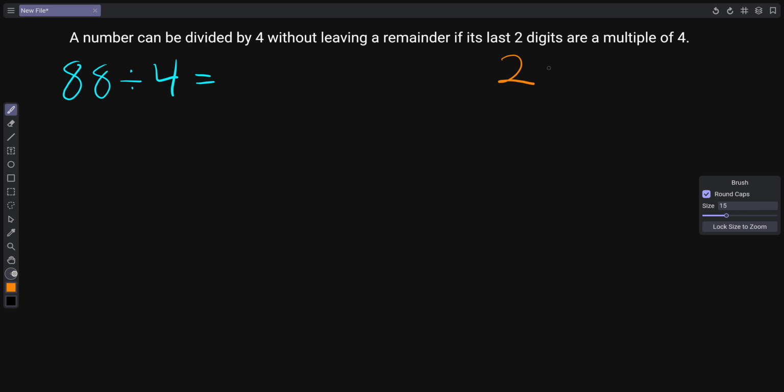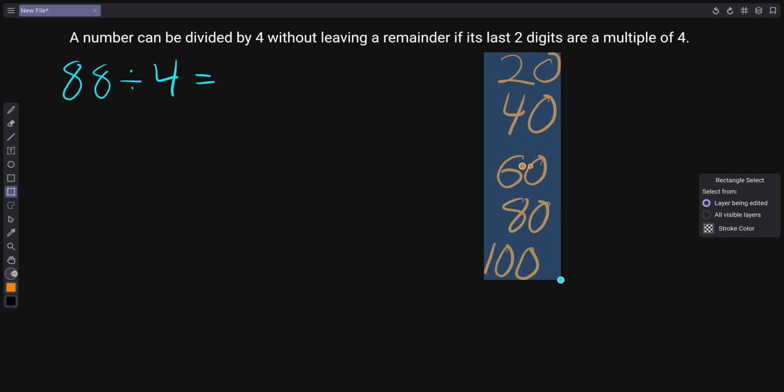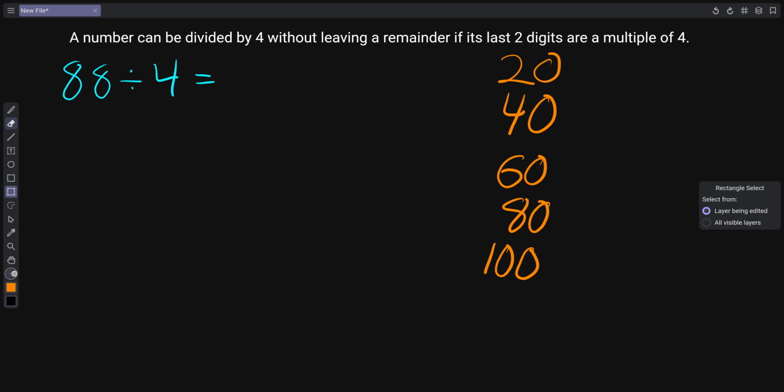So think 20, 40, 60, 80, and 100. Just think of these increments of 20 here, and all of these increments of 20 are divisible by 4. In fact, all increments of 20 are divisible by 4. So when you're given a number like 88, you can look at these increments of 20 and see where it falls the closest.